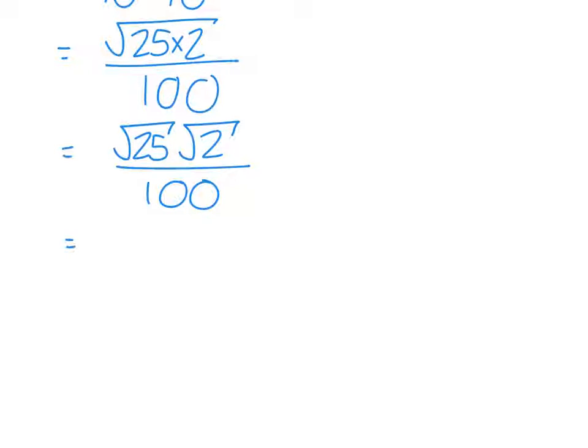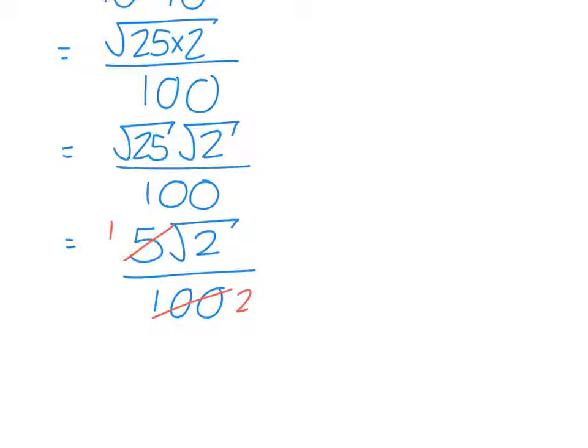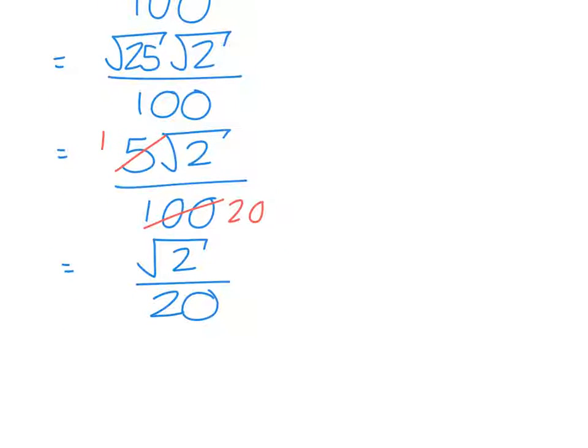The square root of 25 is 5, so that's 5, root 2 over 100. We can then simplify. 5 goes into 5 once, and 5 goes into 100 20 times. So that leaves us with 1 root 2 on the top, which is just root 2, and then 20 on the bottom. So our answer is root 2 over 20.